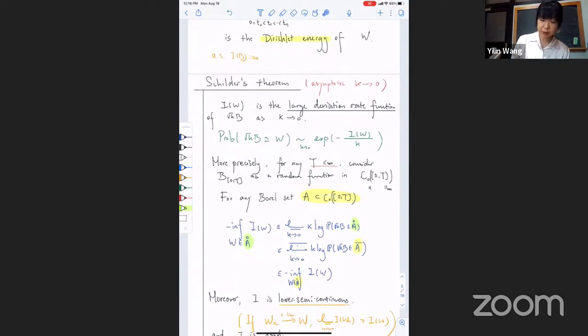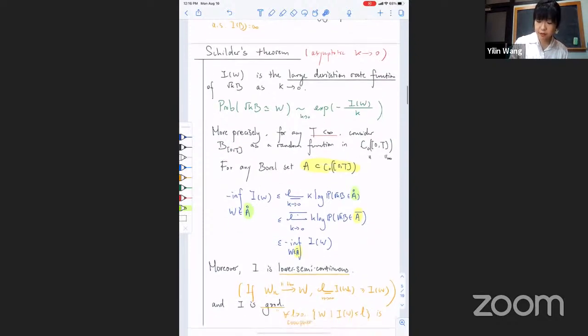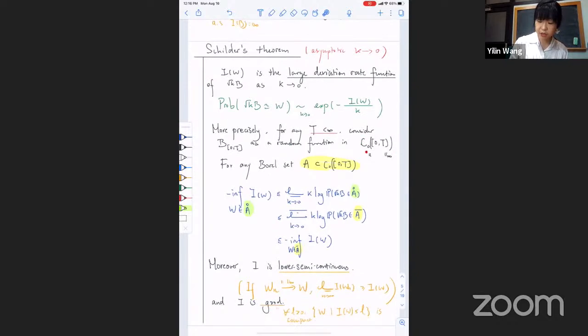And more precisely, the large deviation result for the Brownian path is that if you take any fixed finite time, then the Brownian motion restricted to this finite time interval is a random function in the space of continuous functions starting from 0.